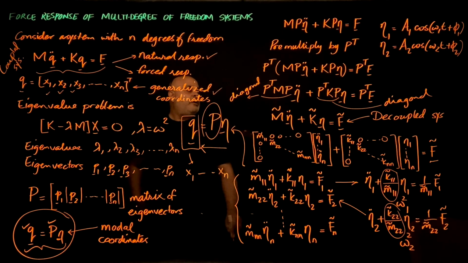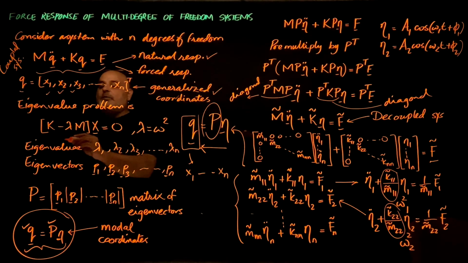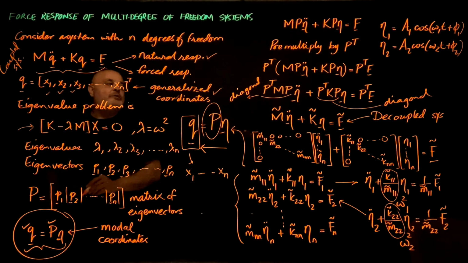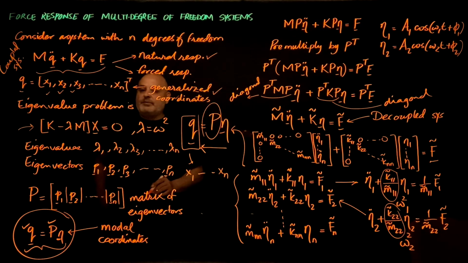And this is how we find the response of multi-degree of freedom systems, the forced response. First, I have to solve the natural response problem, which is basically an eigenvalue problem, just like we did in the previous examples.